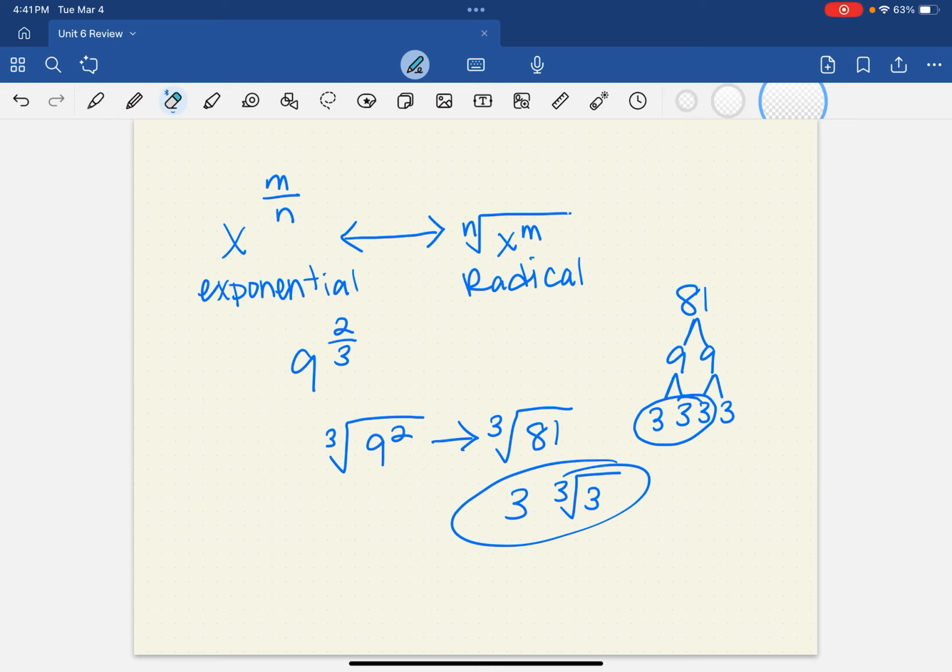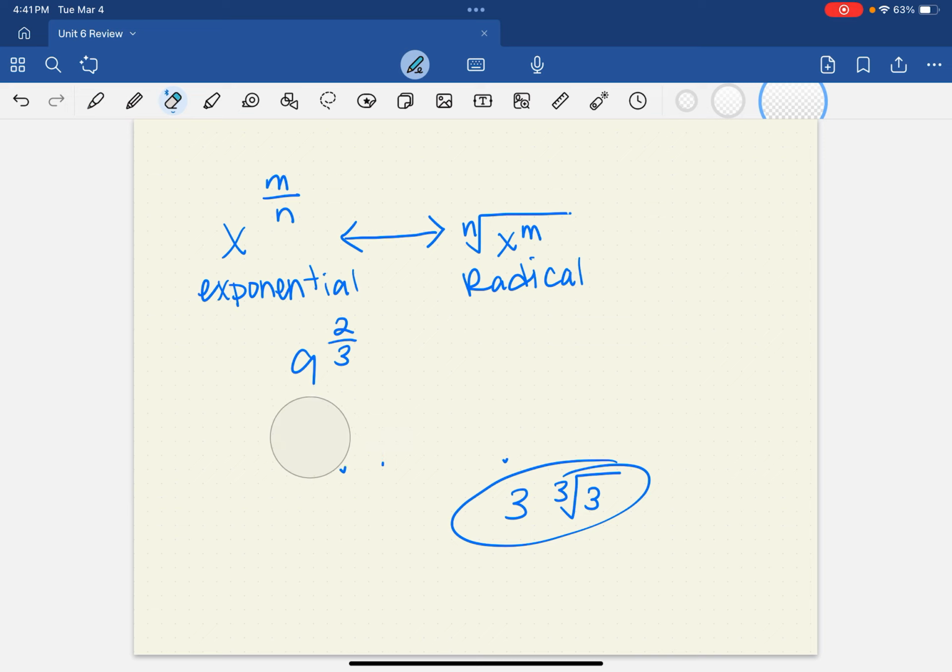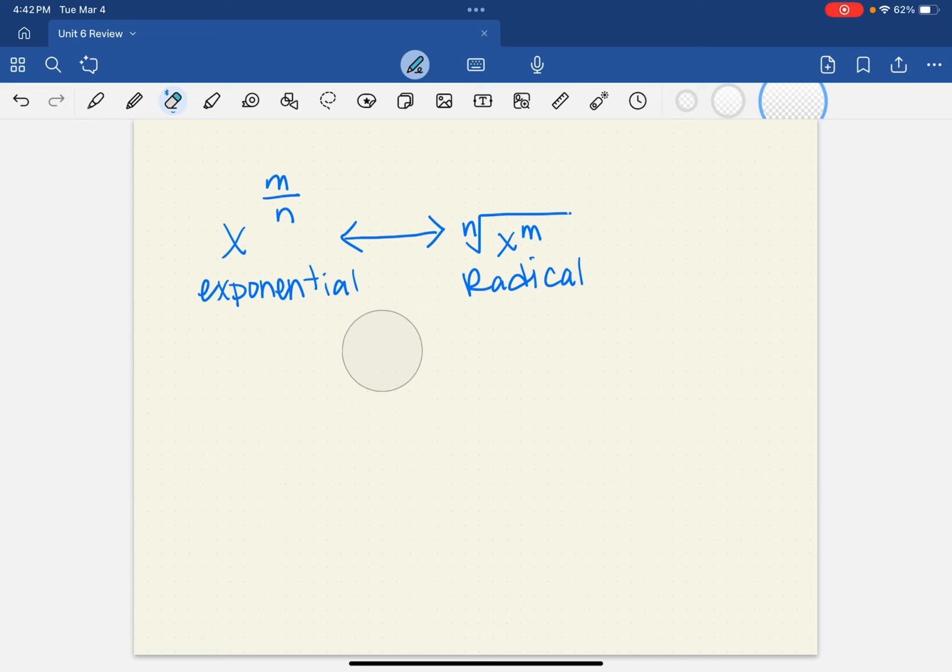Okay, let's go ahead on to the next. Okay, next one, number 10 and 11. 10 says rewrite in exponential form. 11 is the same and it's supposed to be different. So that was my bad. So 10 is the cube root of a^4.